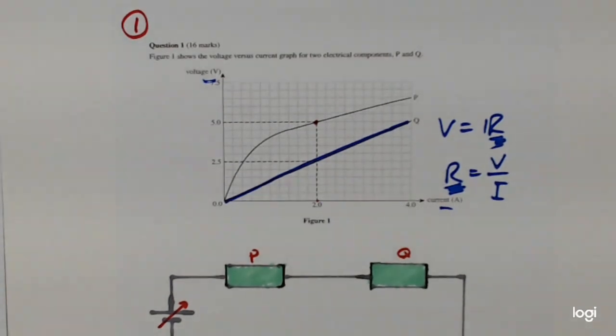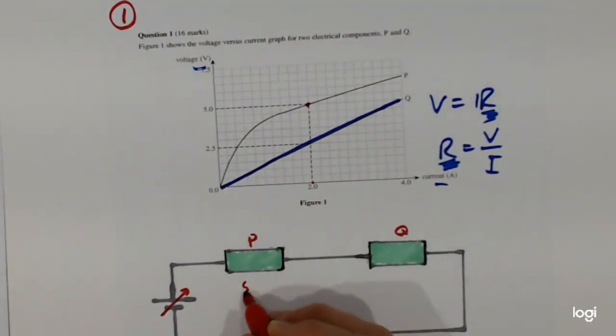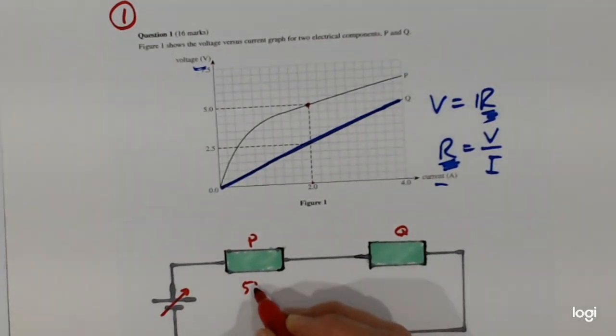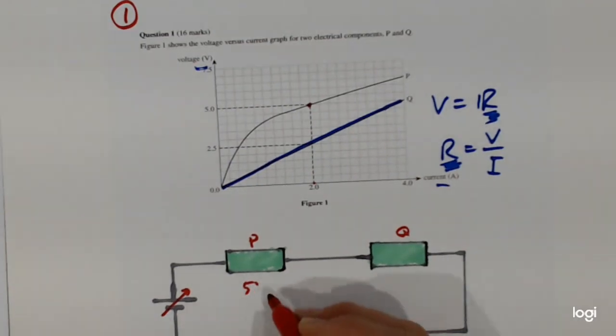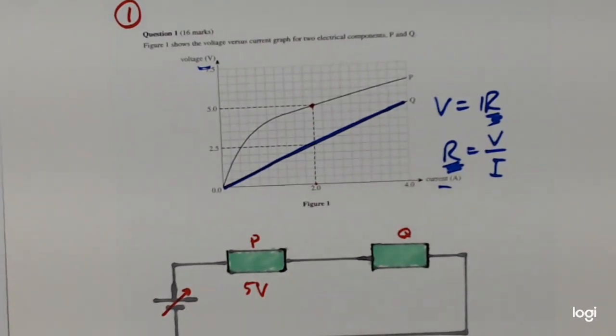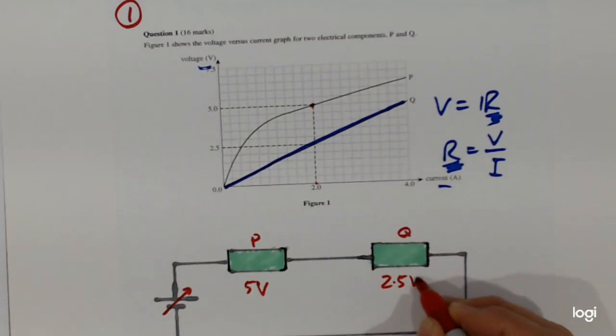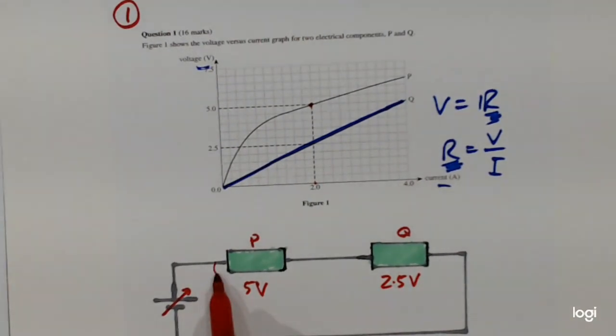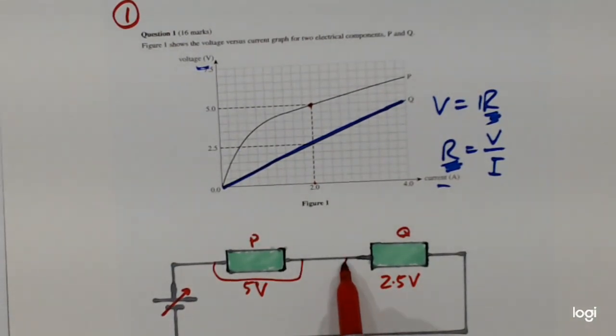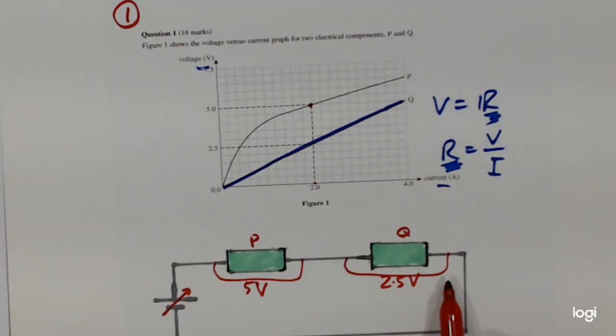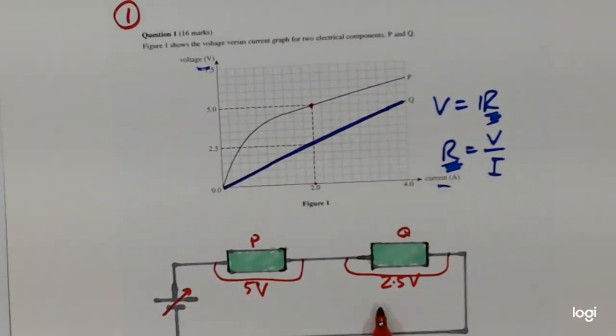Part E, determine the voltage supplied by the variable DC voltage source. Well, if there's 5 volts, sorry, did I do this around the wrong way? Nope, good. 5 volts there and 2.5 volts there. If 5 volts is being lost between those 2 points and 2.5 is being lost between those 2 points, then the total voltage loss is 7.5 volts.